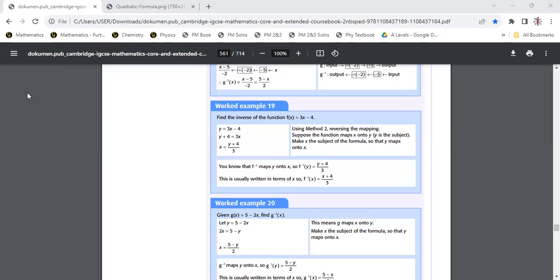So when we set an equation, let's pretend that y is your final output, which is equal to 3x minus 4. So now we make x the subject, like how we worked in the previous part. Once we get this subject here, we become f inverse of x. We cannot put y here, so we have to change this back. That's over 3.